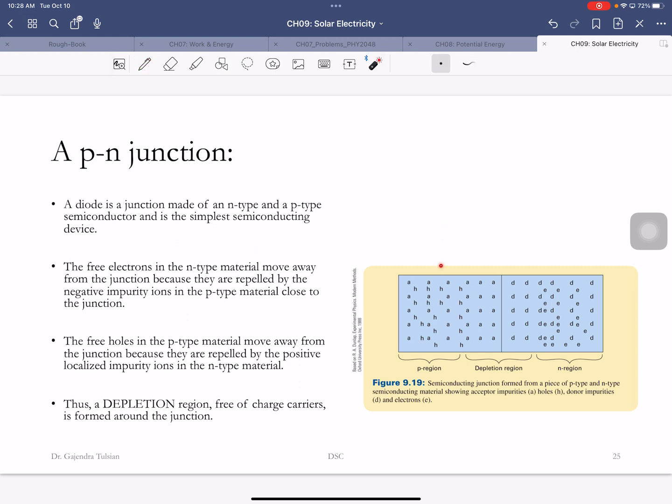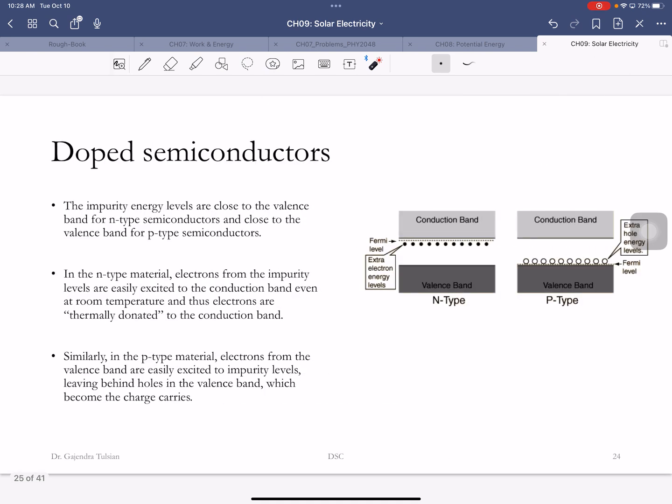So here was the silicon crystal. We have doped it in the P region. You doped it with boron, and the borons are acceptors. They become negatively charged. The borons are these atoms. They have accepted electrons and become negatively charged, and they've left behind holes.